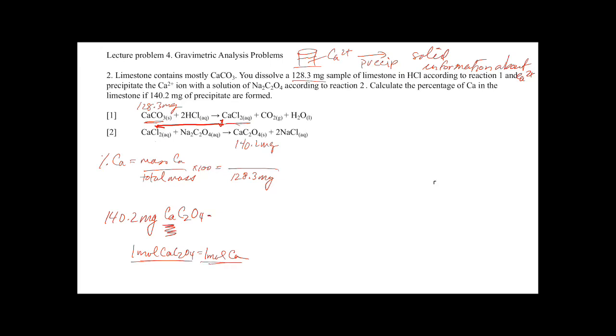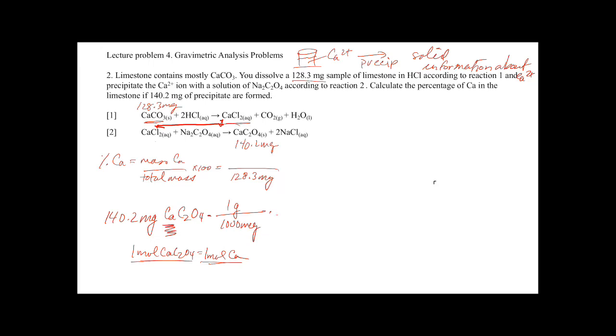To get to the number of moles of calcium oxalate, we're going to divide this by 1,000 first, because there's 1,000 milligrams for every 1 gram. We can't use the molecular weight until we get it into grams. Then we need to invoke the molecular weight.